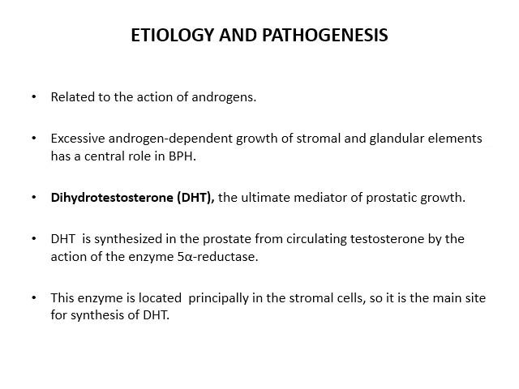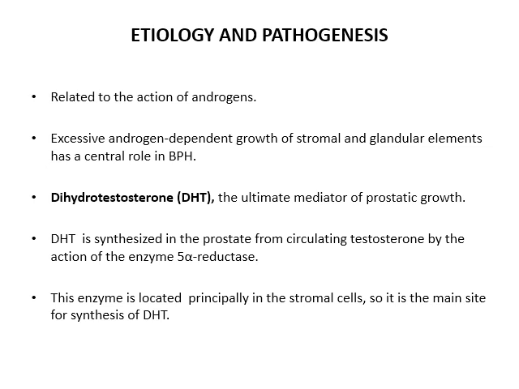Moving on to the etiology and pathogenesis. The main pathogenesis is related to the action of androgens. Excessive androgen dependent growth of stromal and glandular elements has a central role in benign prostatic hyperplasia. DHT, that is dihydrotestosterone, is the ultimate mediator of this prostatic growth.